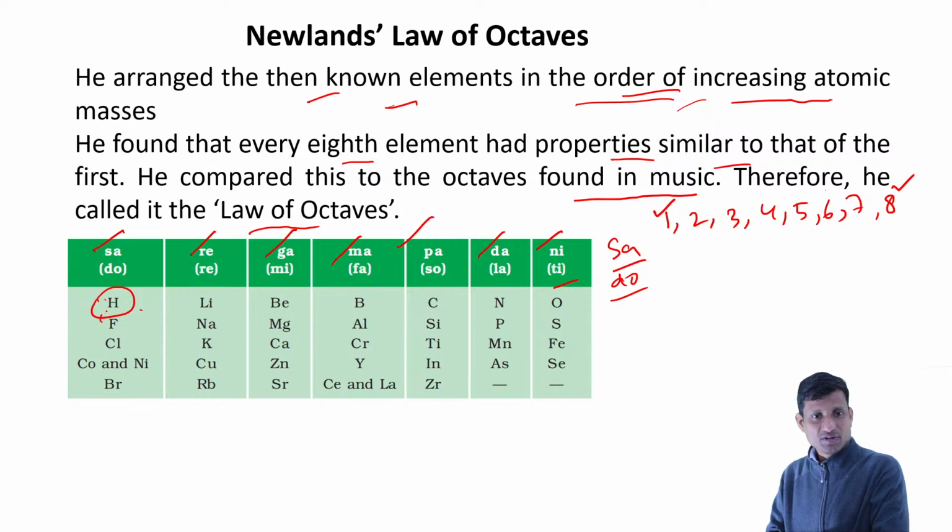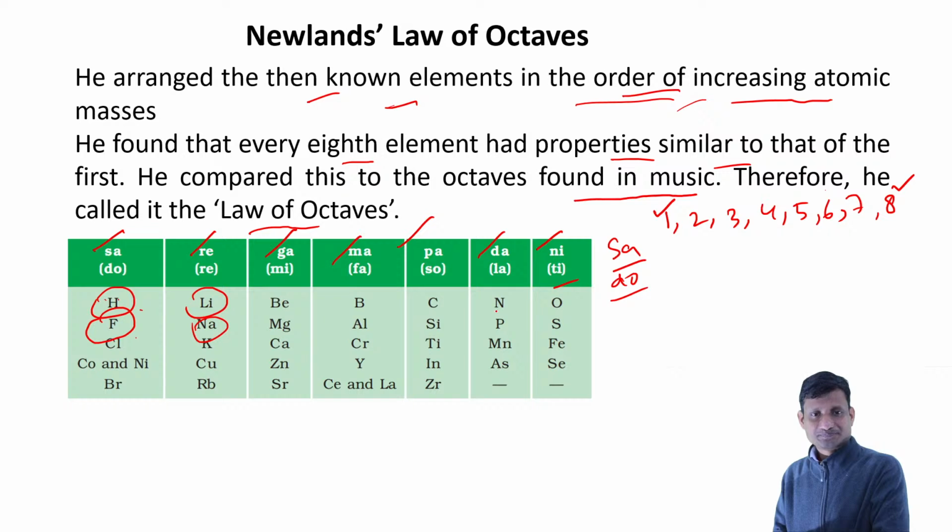Again, when it came to fluorine, hydrogen and fluorine have very similar properties. In the same way, lithium and sodium have similar properties. So this is quite a good improvement or achievement.